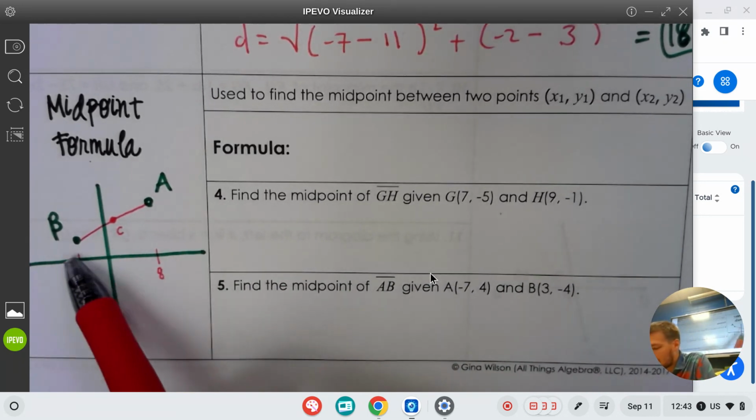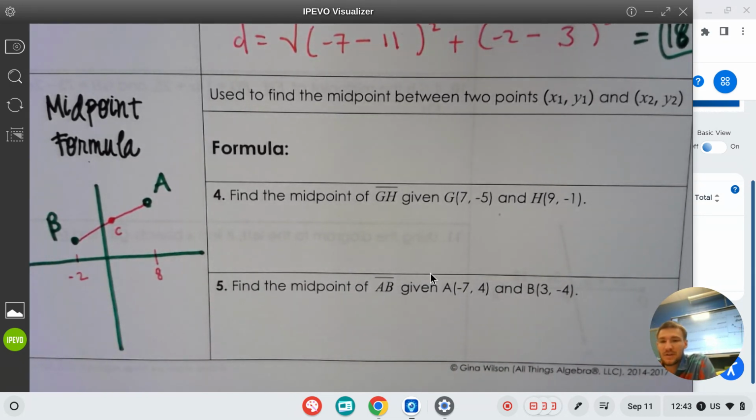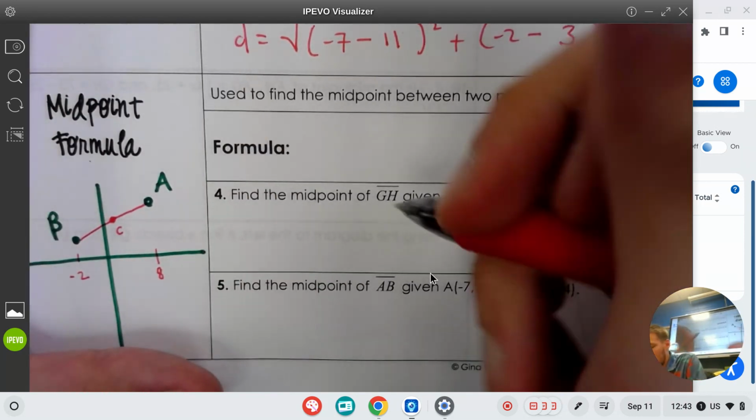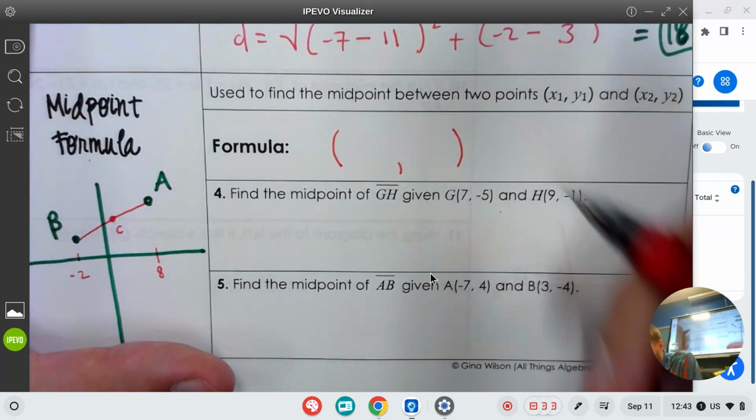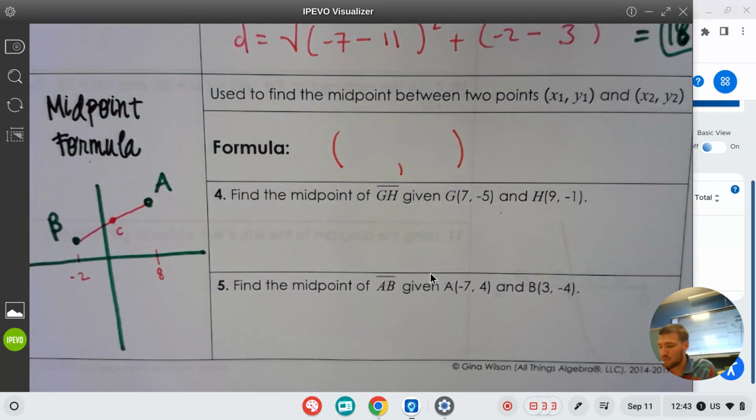In order to figure out the middle between 2 numbers, you're just going to try to find the average, and finding the average is something we've been doing for a long time. We're going to have our answer, which is going to be a coordinate, where we add them up and divide by 2. That is a classic average or midpoint finding formula.